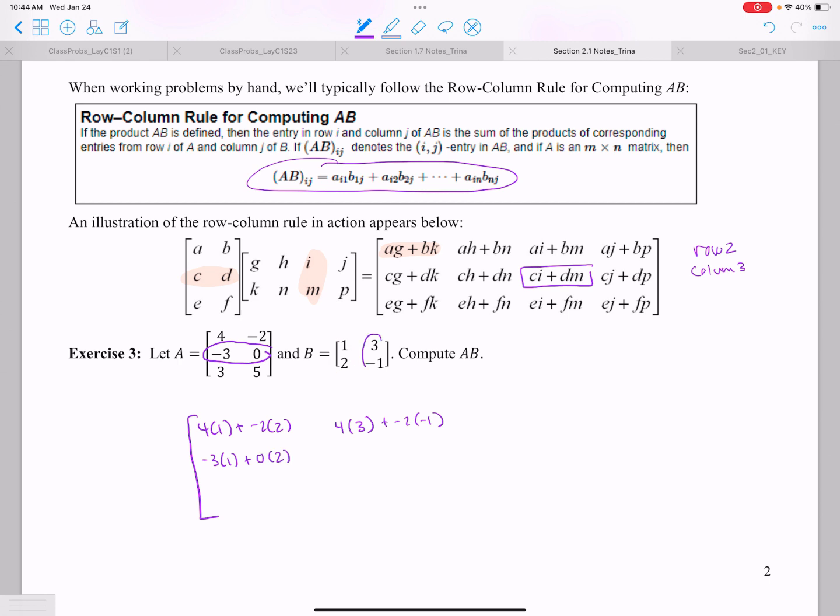Row 2, column 2, I'd have negative 3 times 3 plus 0 times negative 1. Then row 3, column 1, 3 times 1 plus 5 times 2. Row 3, column 2, I have 3 times 3 plus 5 times negative 1. So you can kind of see a pattern if you do it the same every time. So 1, 2, 1, 2, 1, 2, 3, 1, you can kind of see those patterns.